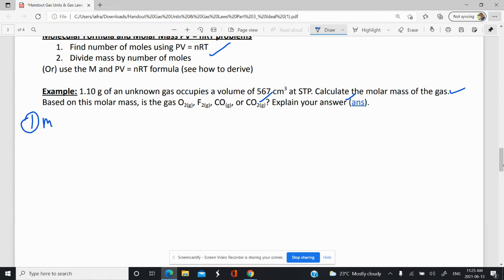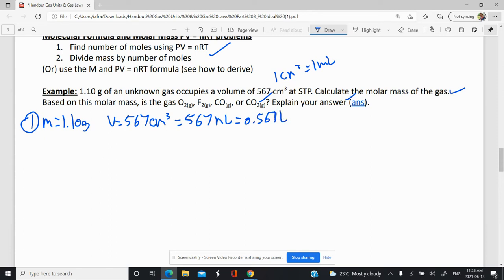We have the mass is equal to 1.10 grams. We have the volume is equal to 567 cubic centimeters, which is 567 milliliters, because 1 cubic centimeter is equal to 1 milliliter, which is equal to 0.567 liters, because we're going to be using PV is equal to nRT at some point, so we need to be in liters.